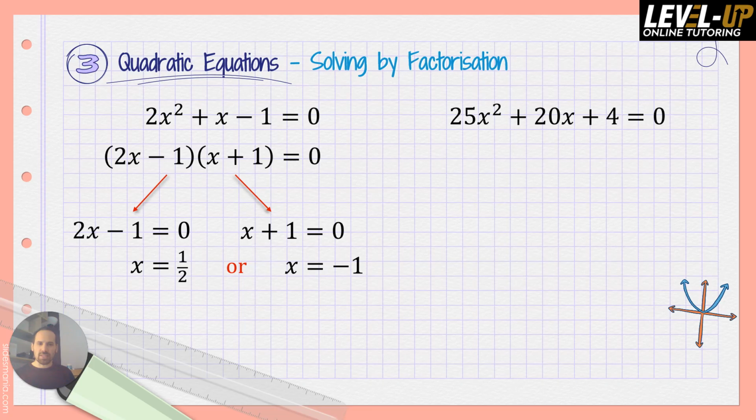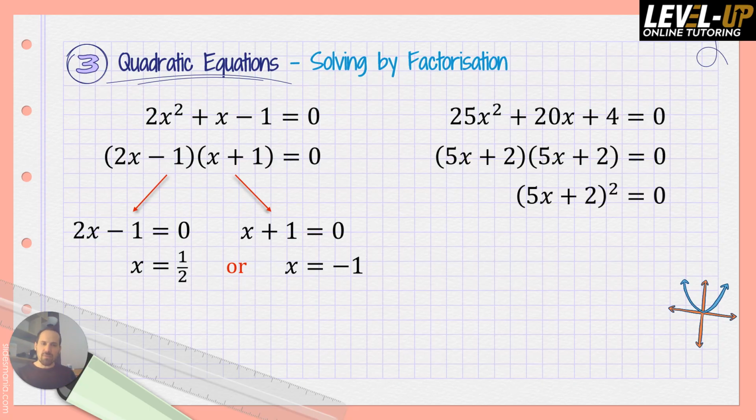Another tricky factorization problem because we've got a non-unit x squared coefficient. If we factorize that in the same way, we get this, which you see we can simplify to this, like we saw a moment ago, because it's basically the same factor times itself. We could now square root both sides to get 5x plus 2 is equal to 0, and we solve that little linear equation there to get x equals minus 2/5.